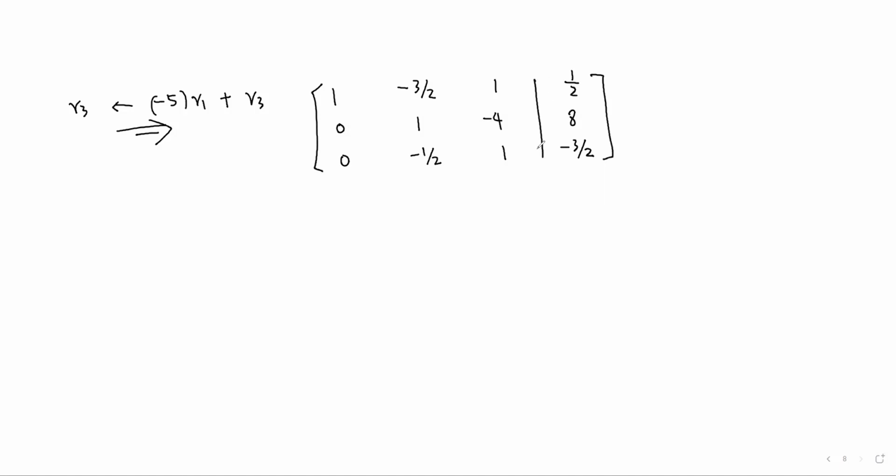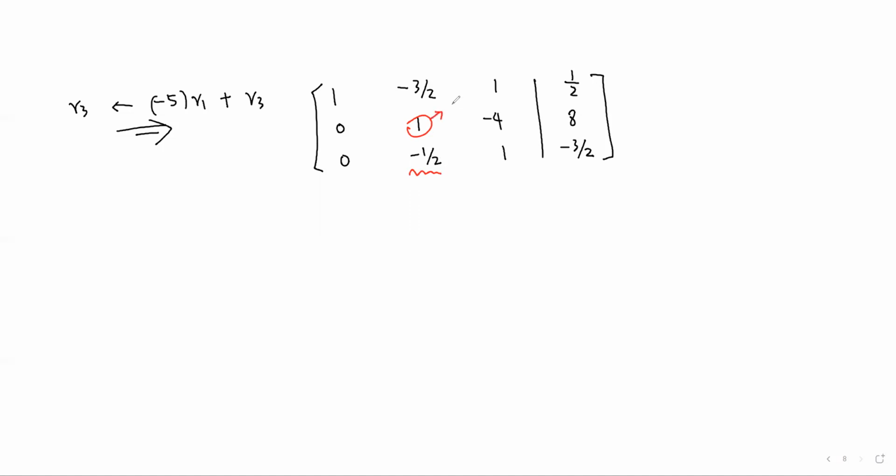I am performing forward elimination. I want to reduce the matrix into upper triangular form. Next, I use this number to eliminate -1/2.